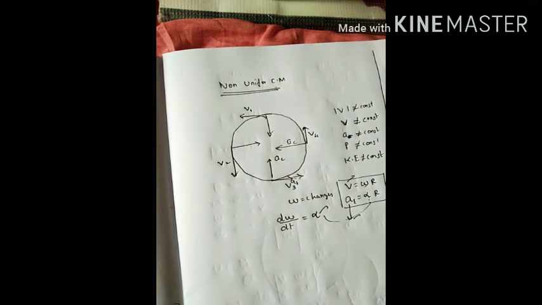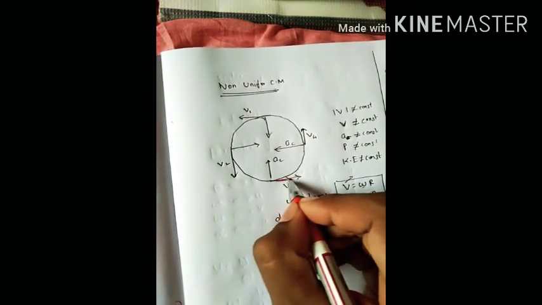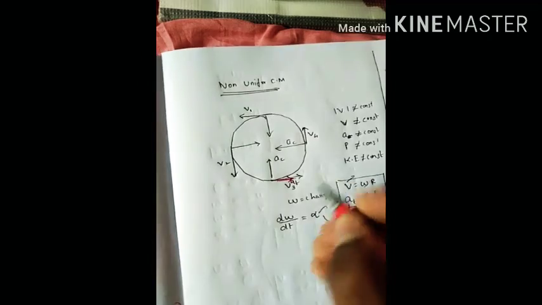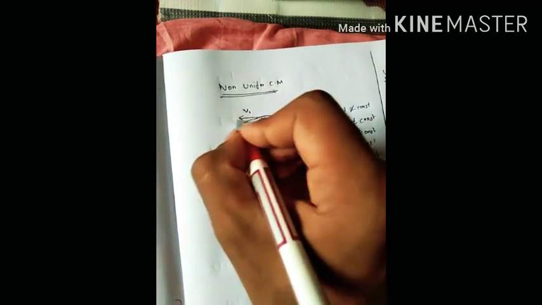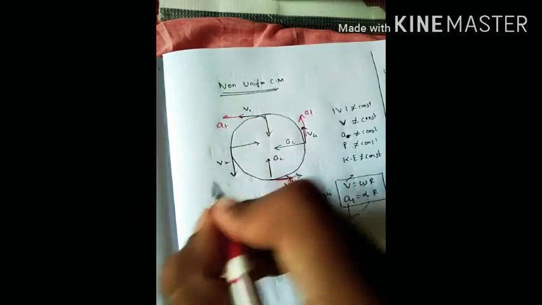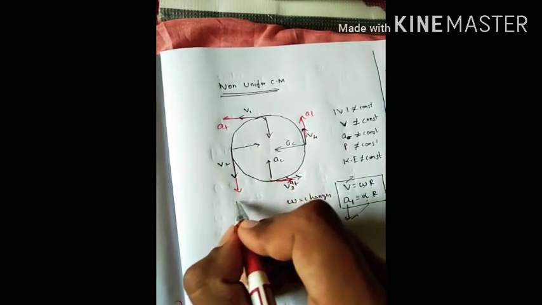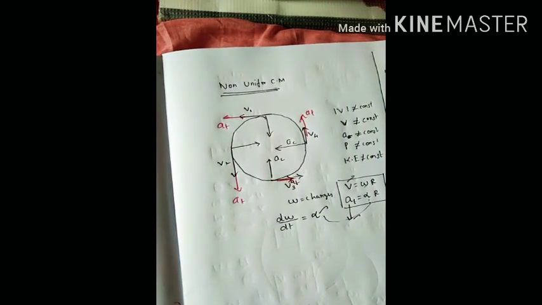We get a final result that in non-uniform circular motion there definitely exists some tangential acceleration. But in uniform circular motion we never find this tangential acceleration.